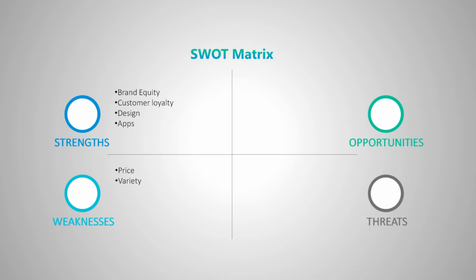Another thing that can be negative for the brand: there's no variety. It's take it or leave it. You don't have many choices here. Of course, we compare with other smartphones on the market. Another thing that for some people could be negative is the fact that Steve Jobs is no more in the picture.